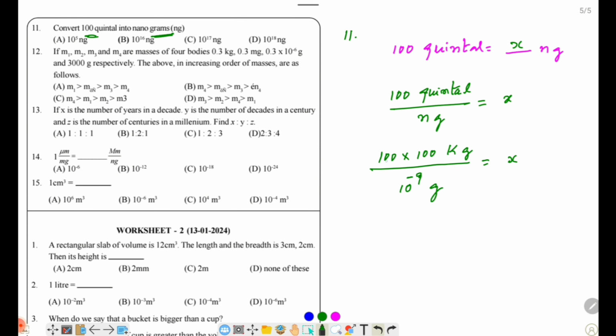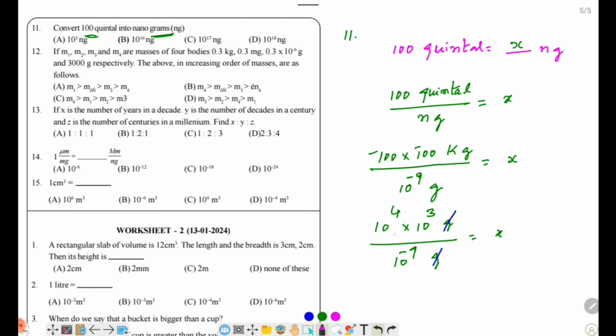So can I write this 100 and 100 as 10 power 4? This is 10 power 2 and this is 10 power 2. So we can write 10 power 4 into again kilo. Kilo means 10 power 3 grams by 10 to the power of minus 9 gram, which is x. So now we can cancel these two.